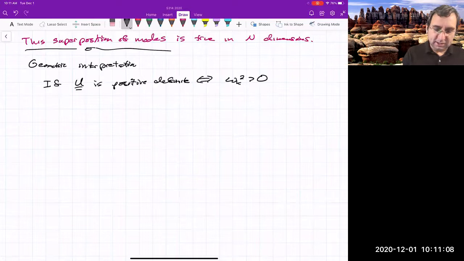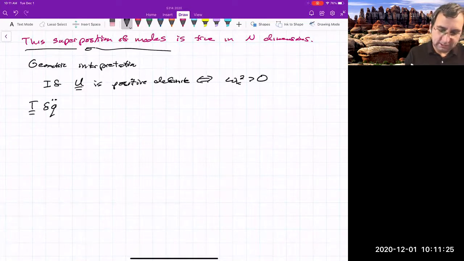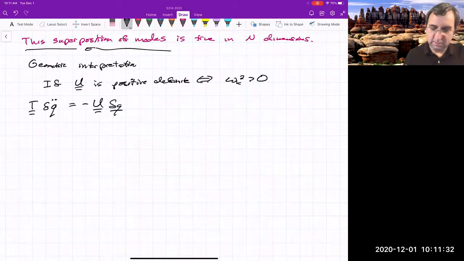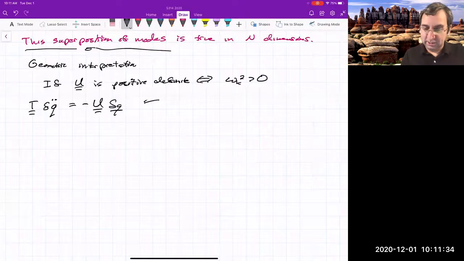Then the equations that we have look like, I guess we did, T delta Q double dot equals negative U delta Q. That's what we got. This was the Lagrange's equations near equilibrium.